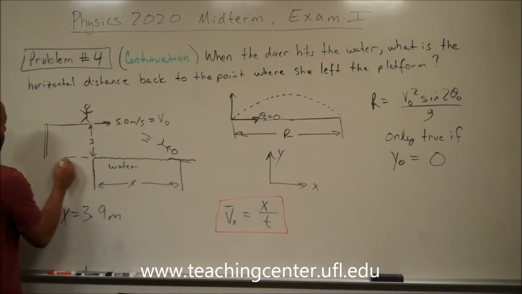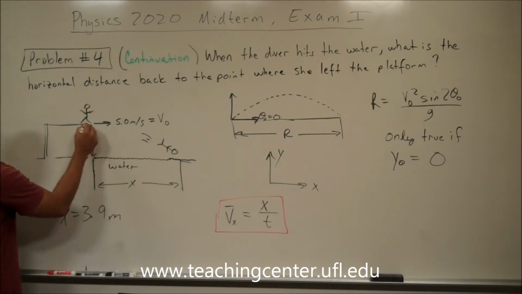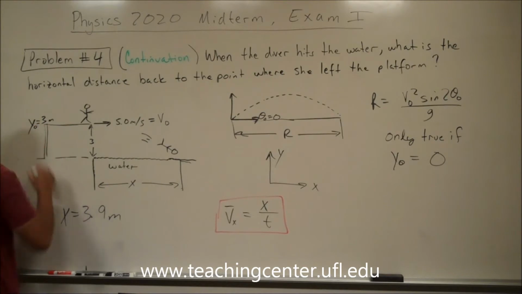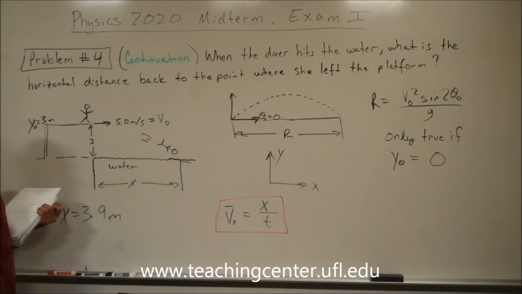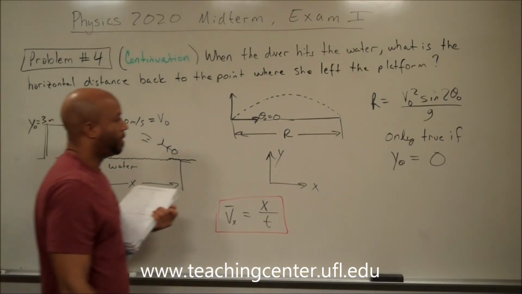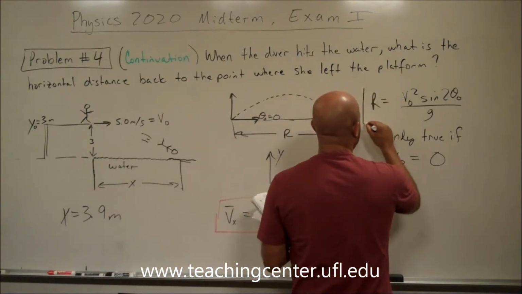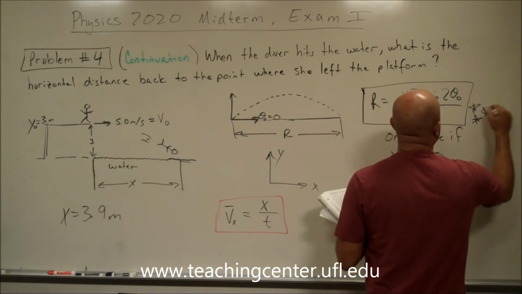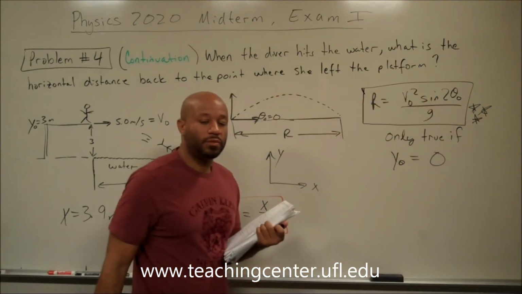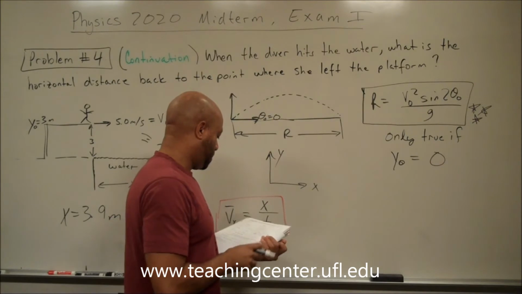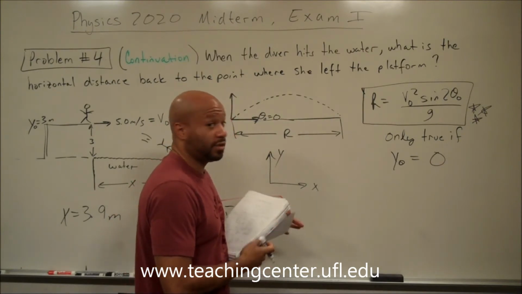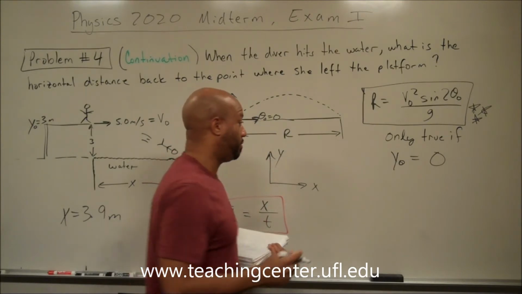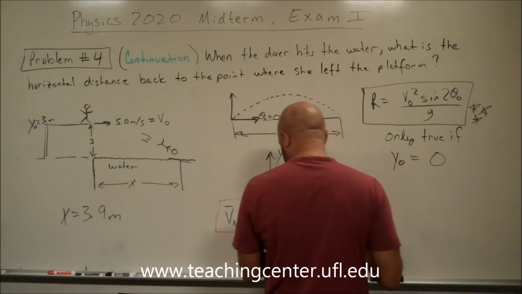Well, our initial y was equal to 3 meters. Okay? It did not equal 0. And so this equation only applies if our initial y is equal to 0. In fact, when our initial y does not equal 0, we would actually have to use this equation.